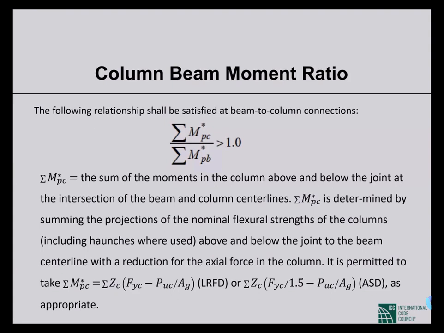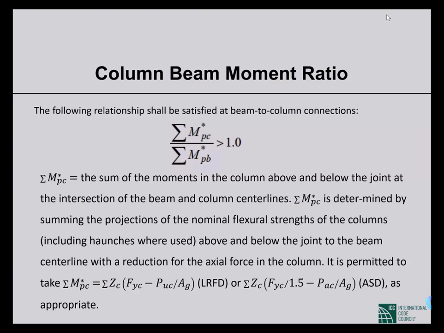Then column beam moment ratio. This is simple. This is similar to reinforced concrete. In reinforced concrete, this value is 1.2. Here it is 1.0. That is, column plastic moment capacity must be at least the same as beam plastic moment capacity.